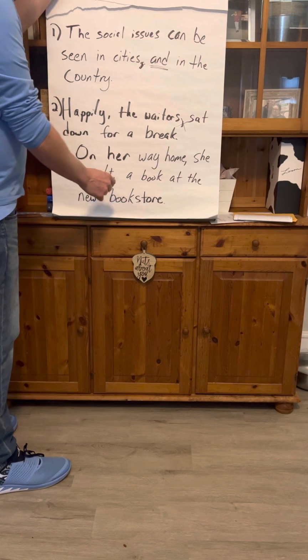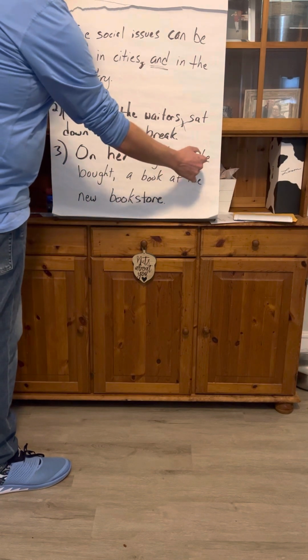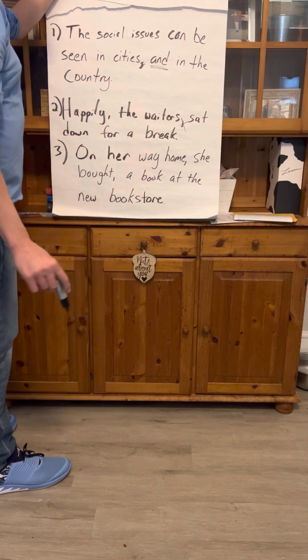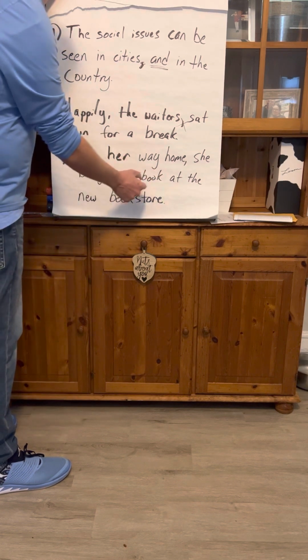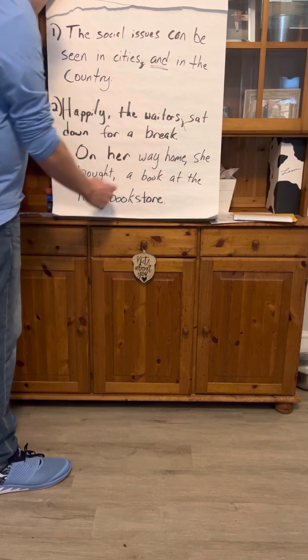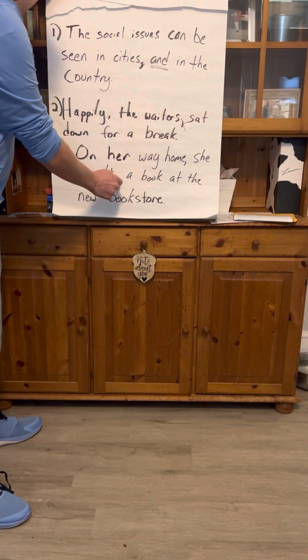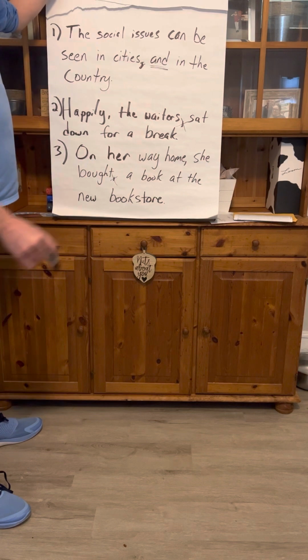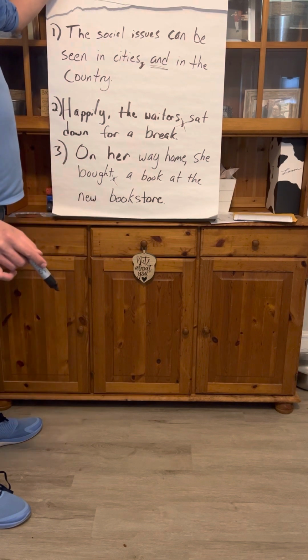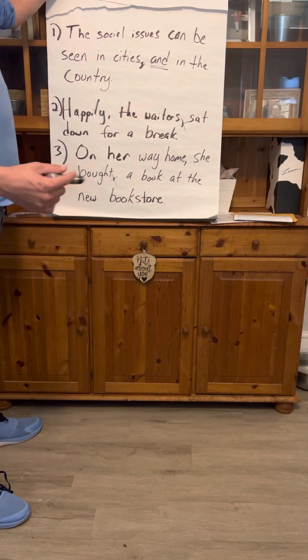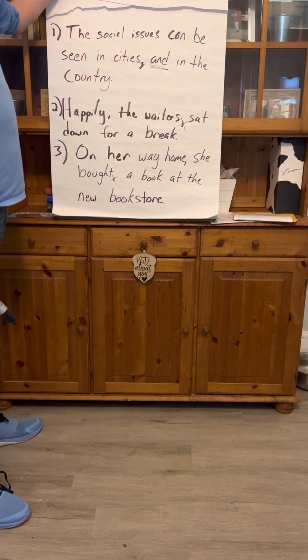She is our subject. Bought, to buy, is our verb. And what is she buying? Our object is the book, or a book. So we don't want to have a comma between our verb and our object. It should read, on her way home, she bought a book at the new bookstore.